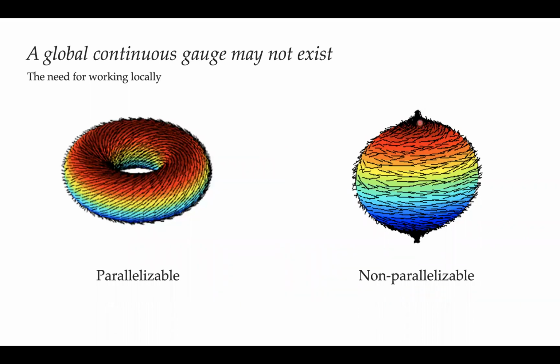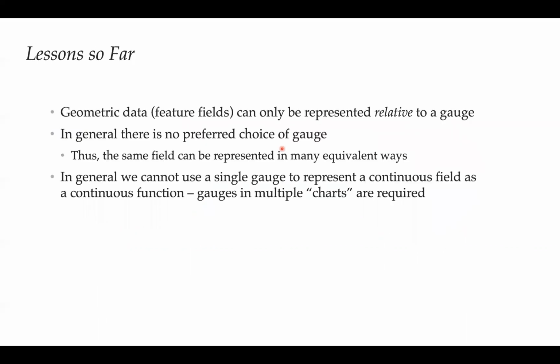But as long as you take into account the fact that the frames at nearby points at this location are radically different, as long as you take that into account in your computations, you can build your network such that they're really not affected by the singularities. Nevertheless, from a mathematical perspective, this locality is very important.